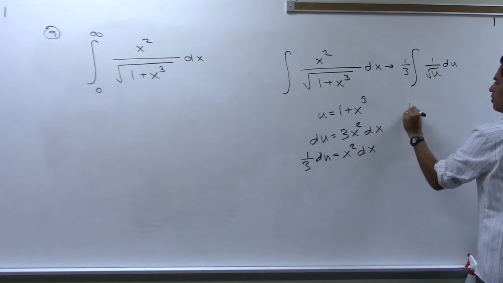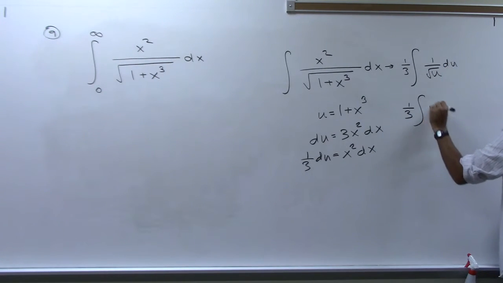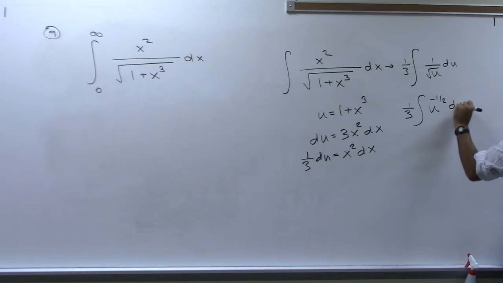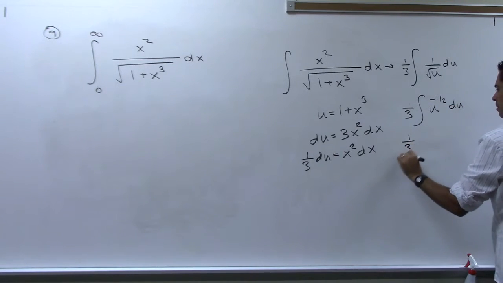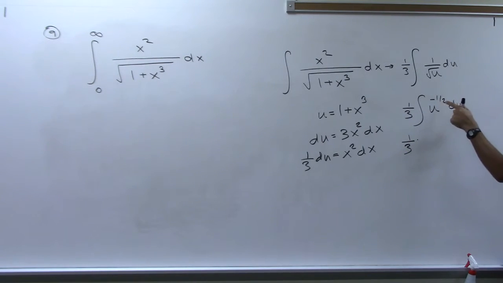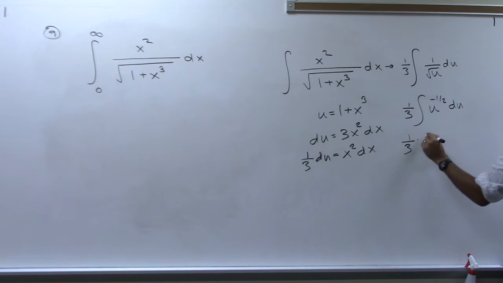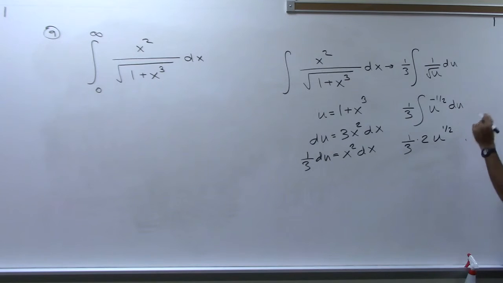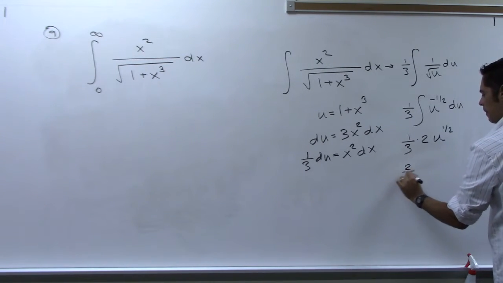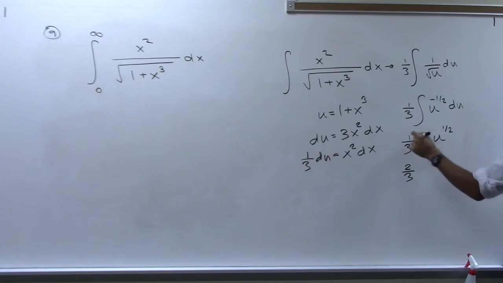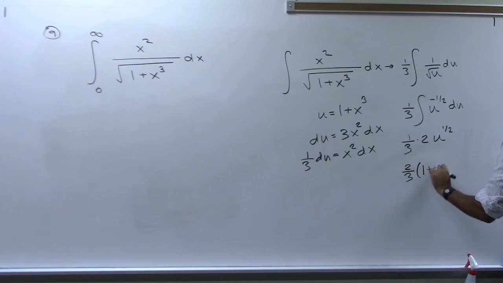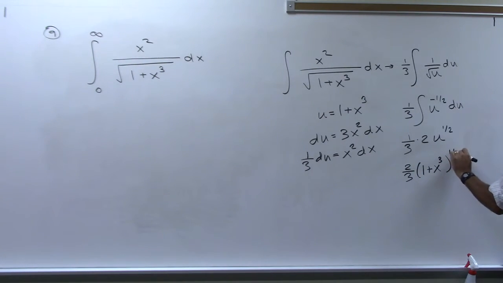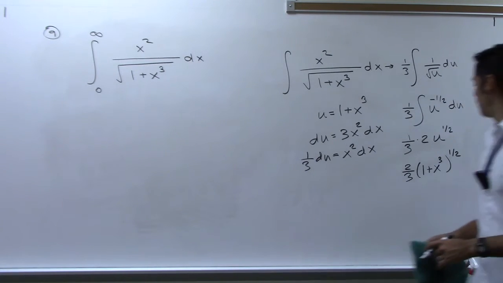And this is really just 1/3 integral u to the negative 1/2 du. And then we integrate 1/3 times, we add 1 to this, we get 1/2. 1 over 1/2 is 2. u to the positive 1/2 plus a constant. And that's just 2/3 u, but u was 1 plus x cubed to the 1/2, which is the same as the square root.